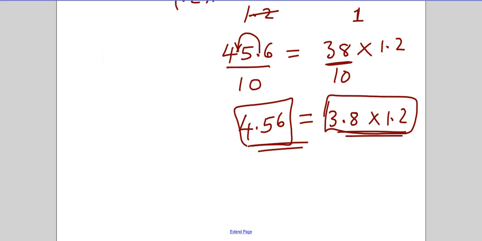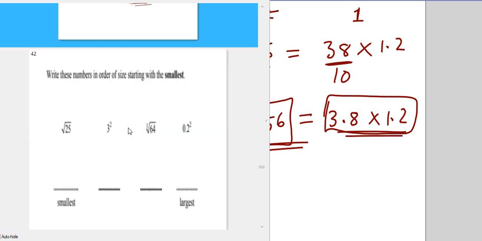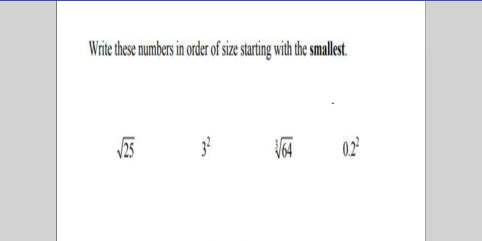Let us go to next page. Write these numbers in order of size, starting with the smallest. Okay, we have to start with the smallest.